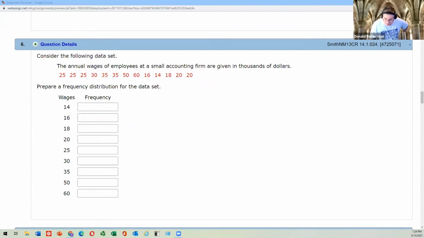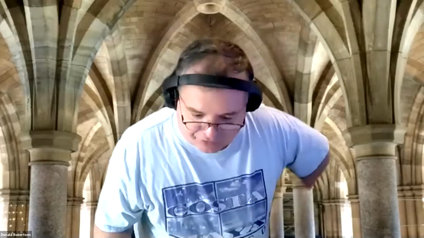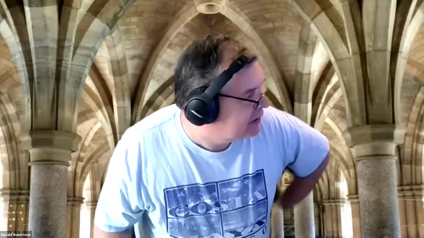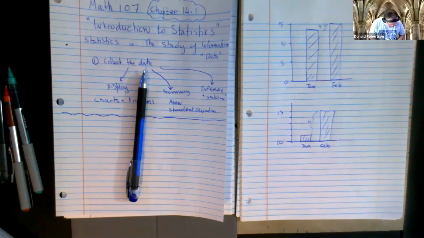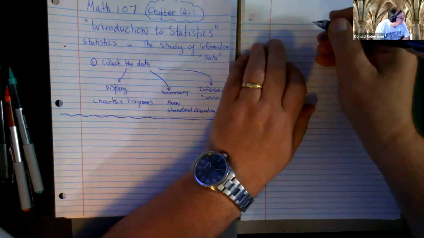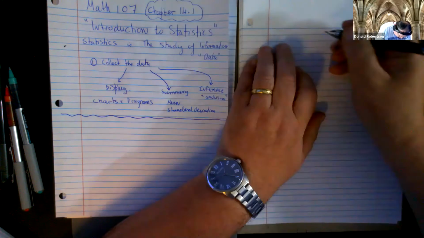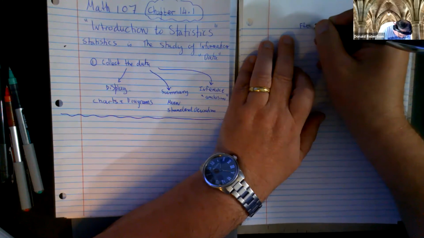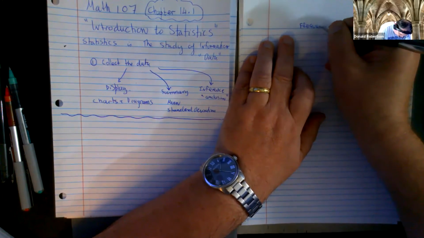And now we're moving on to the next phase. You can put data in the form of pictures, and it's really helpful to do so. But one of the other ways in which we collect or use data is a thing called a frequency table.